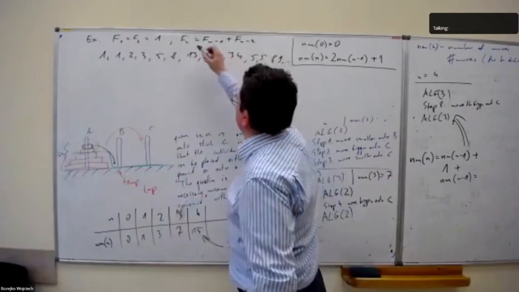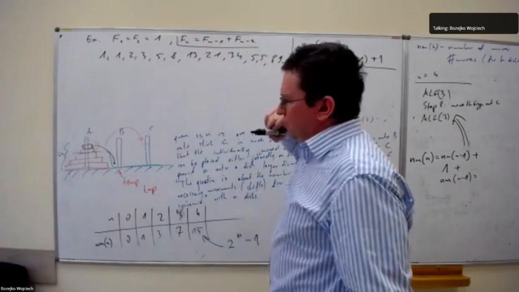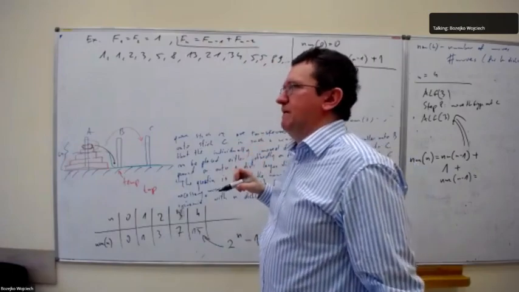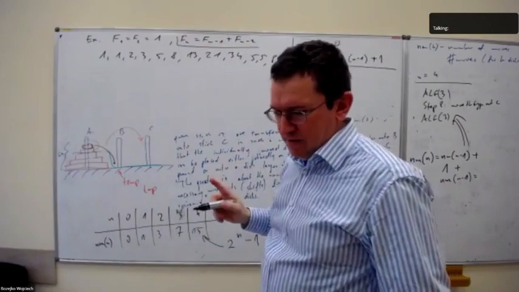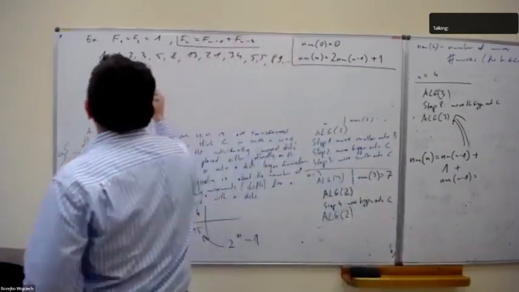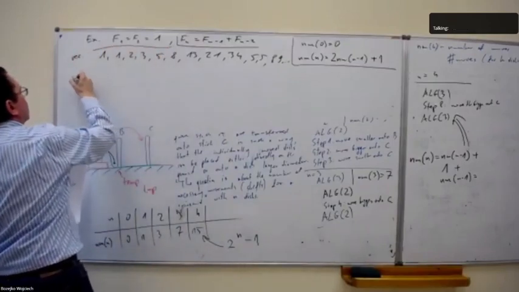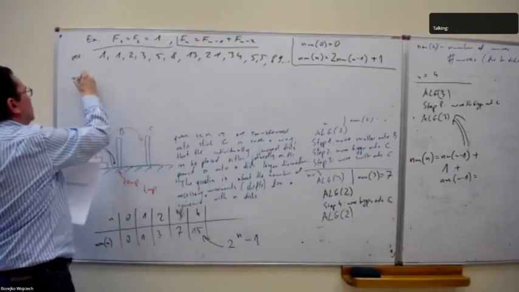This is the recurrential formulation. Of course, we have also the non-recurrential one for Fibonacci. This is quite strange. I will write it for you. This is the recurrential one, and this is the non-recurrential one.